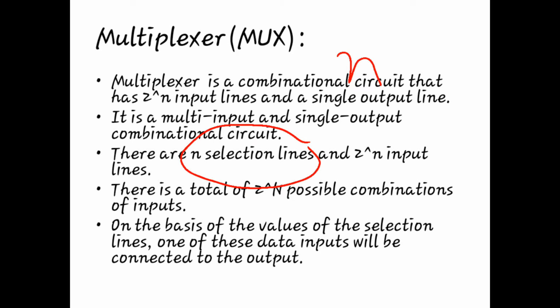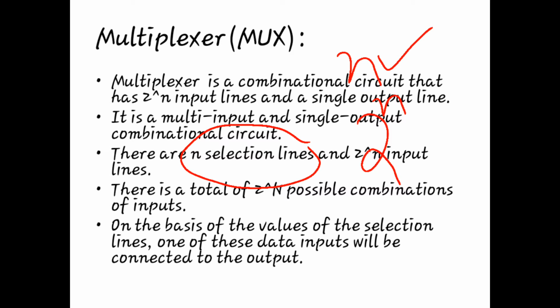So for n selection lines, we will have the possibility of 2 raised to power n input lines. Or in other words, the selection of an input line will take place with respect to the selection lines.